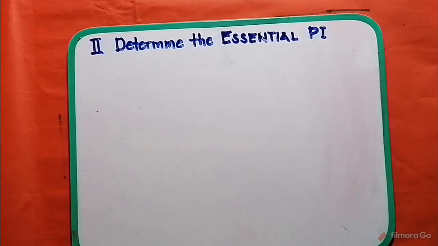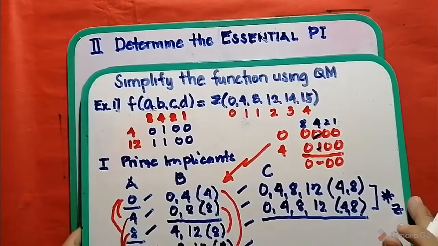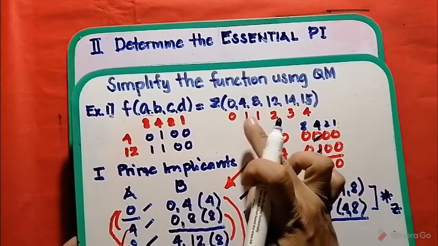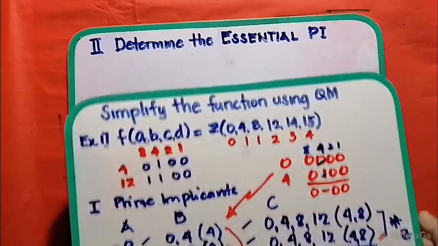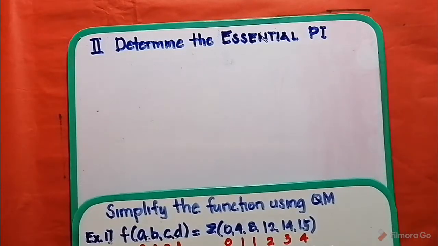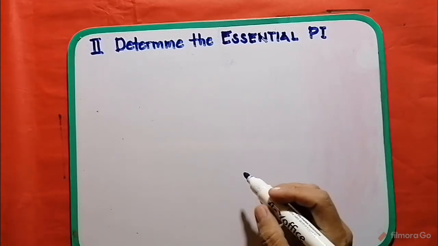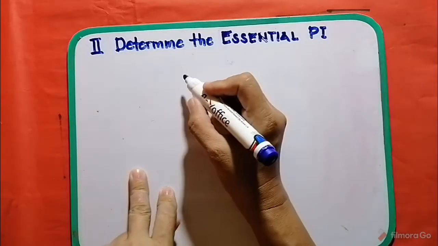To determine the essential prime implicants, we have here 3 prime implicants. Okay? So the implicants are 0, 4, 8, 12, 14, 15. What we're going to do is, we're going to draw a matrix. Okay? So we're going to draw a matrix.